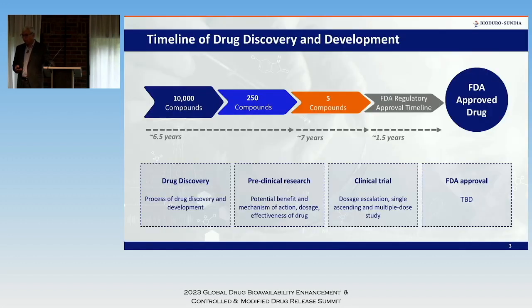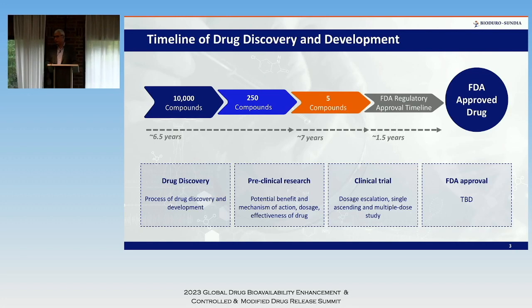So we are all familiar with the early stages of development when the drug is being discovered. Obviously, there are different rules of thumb in here, but what we know is that there are tens of thousands of molecules that have to be discovered.